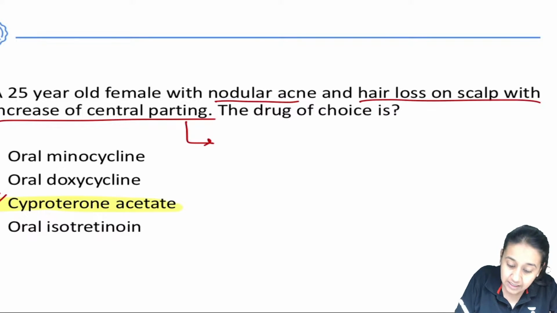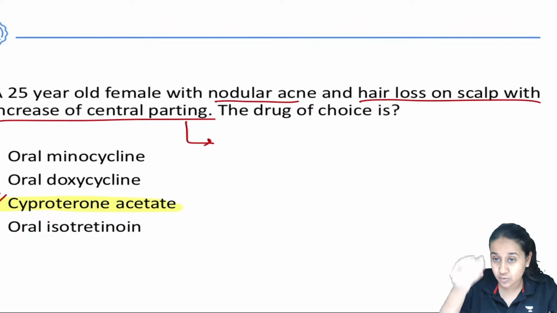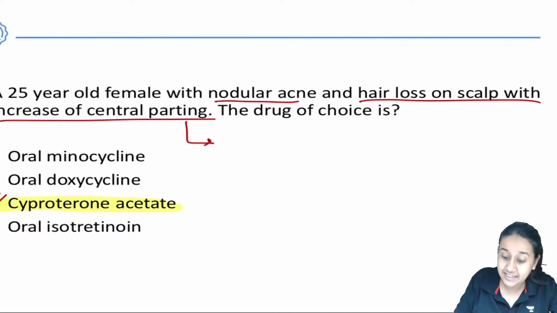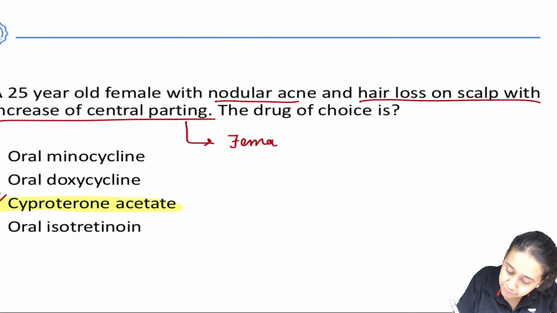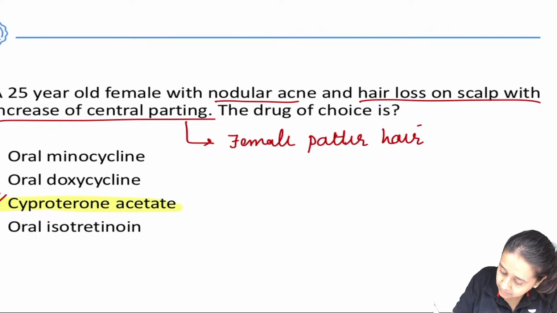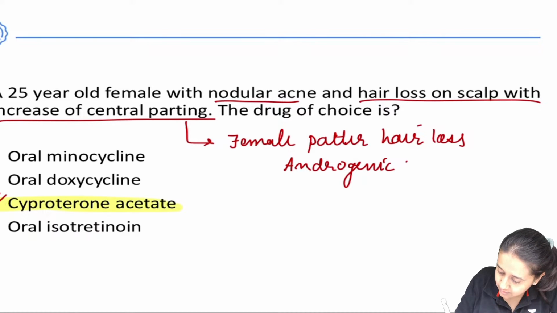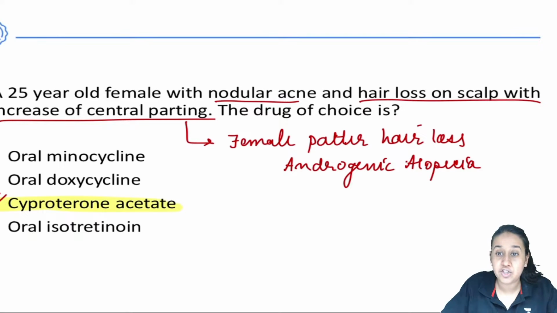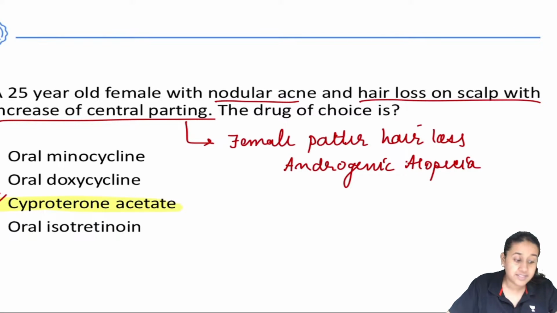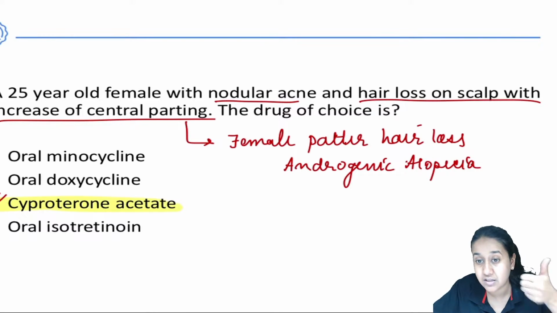The reason is the increase in the hair loss with widening of the central part. It is a very classical feature of female pattern hair loss, which is nothing but androgenic alopecia. So in a young patient with androgenic alopecia and nodular acne, it means that circulating levels of androgens are increasing.